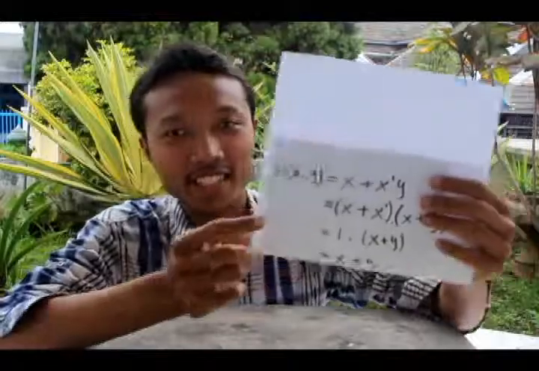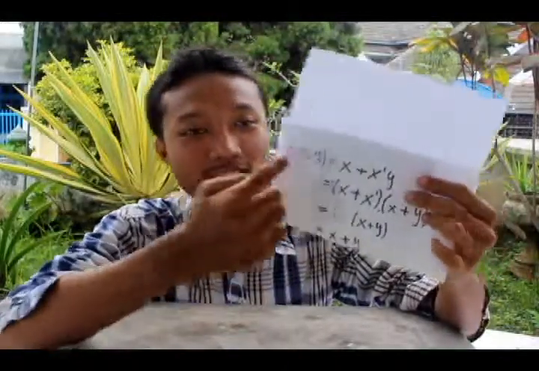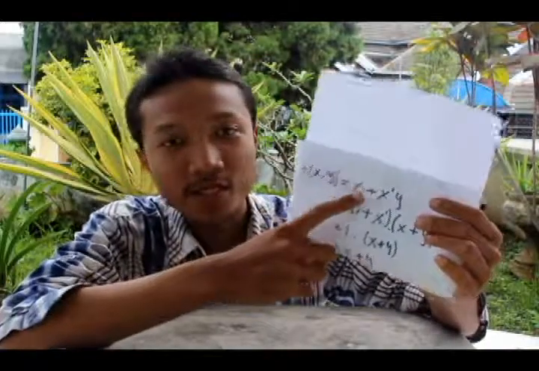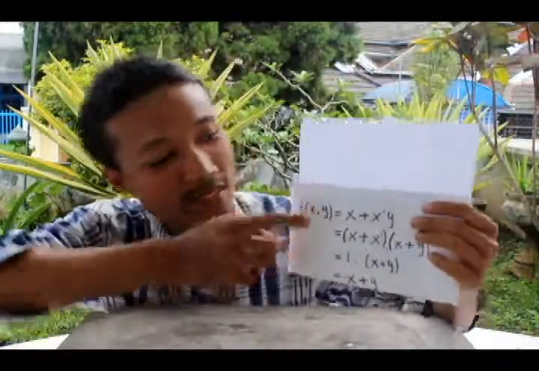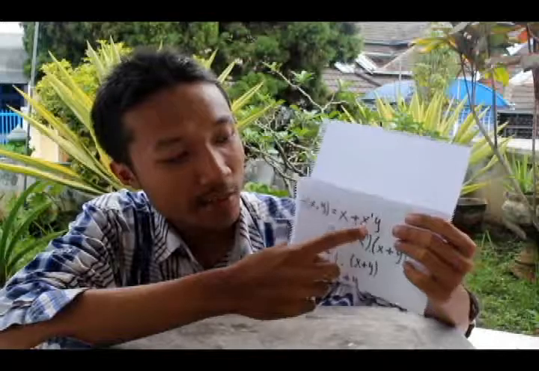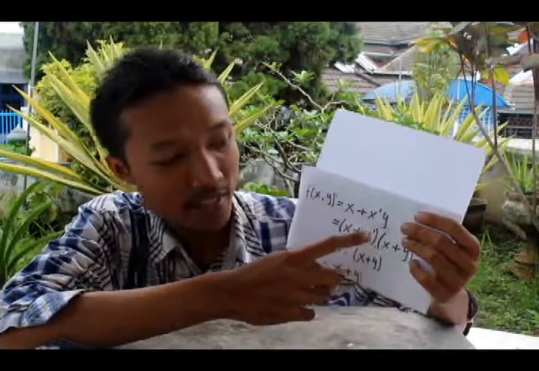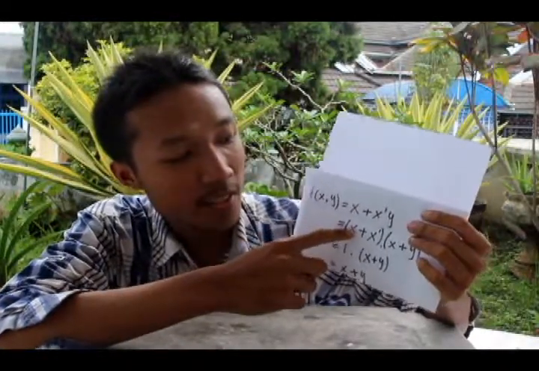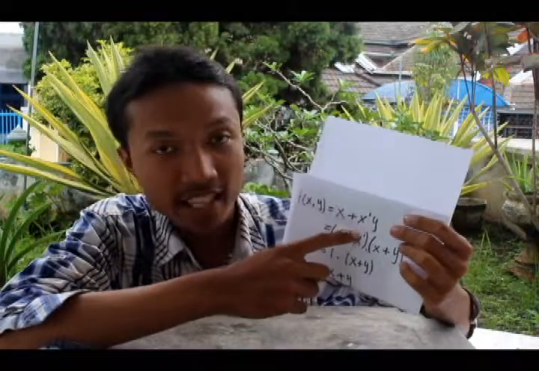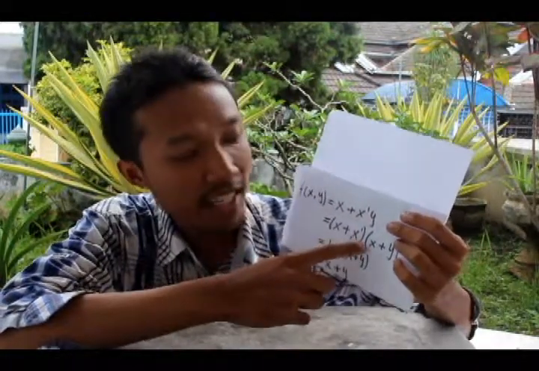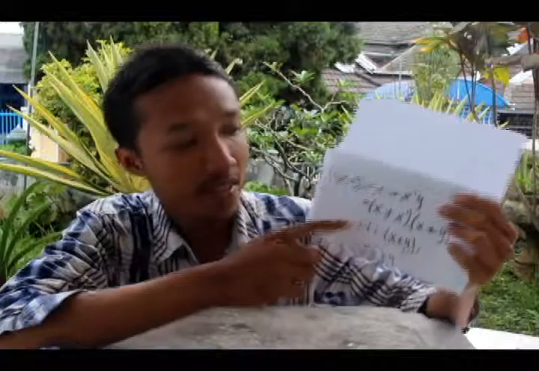This is the answer for this equation: x plus x accent multiplied by y equals x plus x accent multiplied by x plus y.